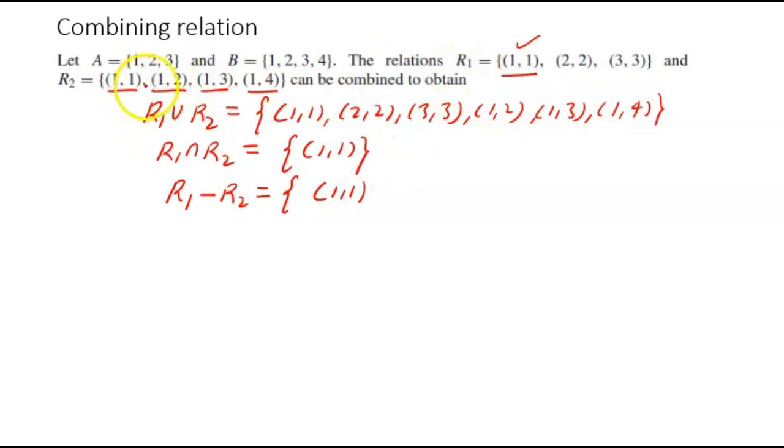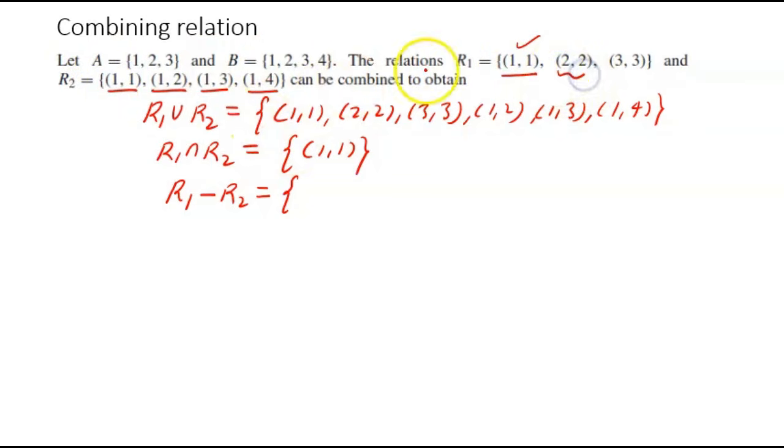And 1 comma 1 is in R2 also, so I will not write 1 comma 1. Let me correct it, I made a mistake over here. What I am saying is that R1 minus R2 means I will write those elements which are present in R1 but not in R2. So 1 comma 1 is present in R1 but it is also present in R2, so I won't write it.